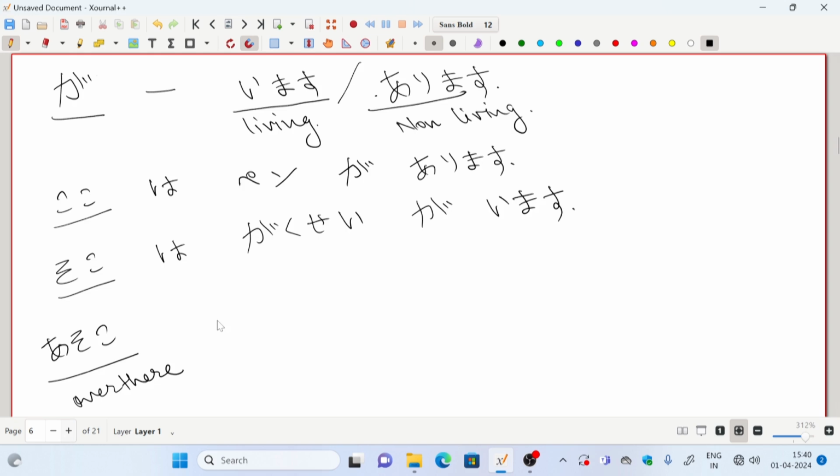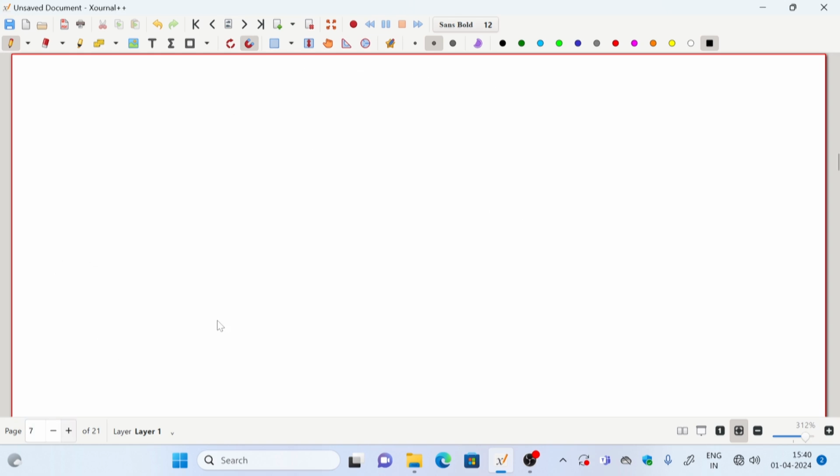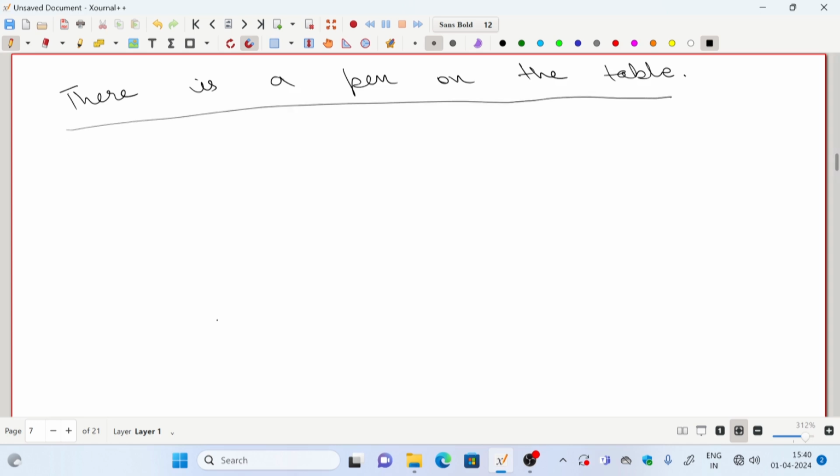Now, if we are talking about a particular place, suppose we are saying there is a pen on the table. Then we can use table as a topic, which is tsukue.